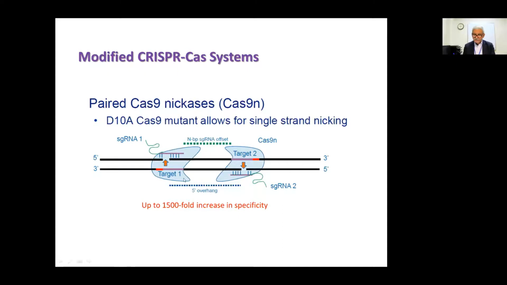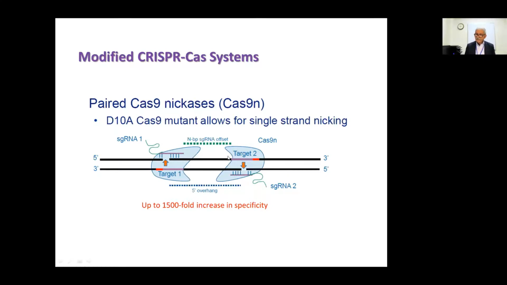If this gRNA1 binds at 10 or 20 or 100 other places on the genome, it will make a single-stranded cut. The double-stranded DNA will not fall apart. So there is no damage to the double-stranded DNA. There will be no mutations at that non-specific binding site. Only if the 2 gRNAs bind close to each other and make single-strand cuts will cohesive ends be generated.